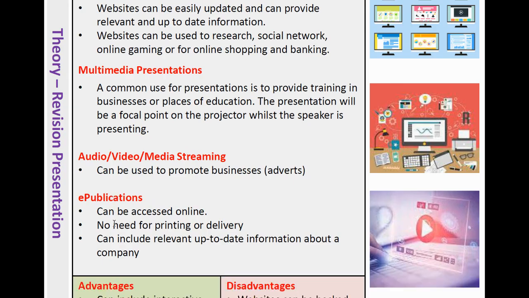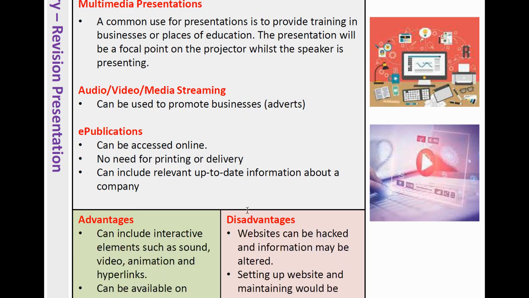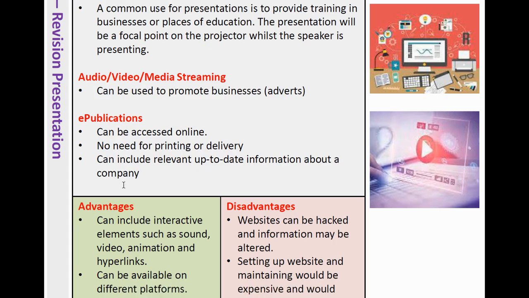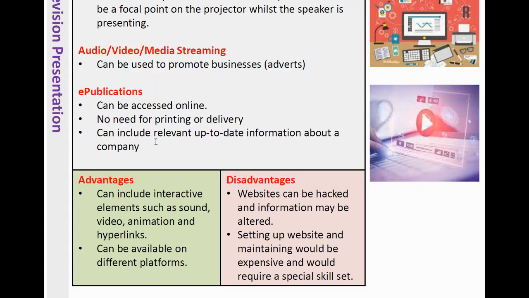Also, we can have audio and video streaming to promote business. You could have adverts on YouTube, for example, and e-publications which can be accessed online. Maybe it's a newsletter we've created just to be shared as a PDF, so there's no need for printing or delivery. With online materials, it's easier to update.